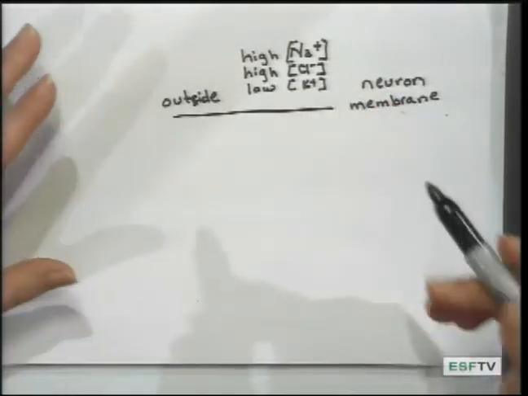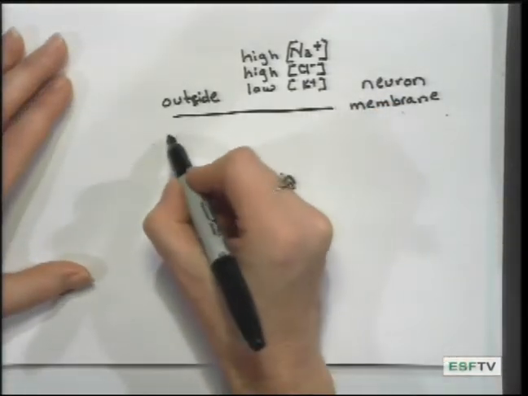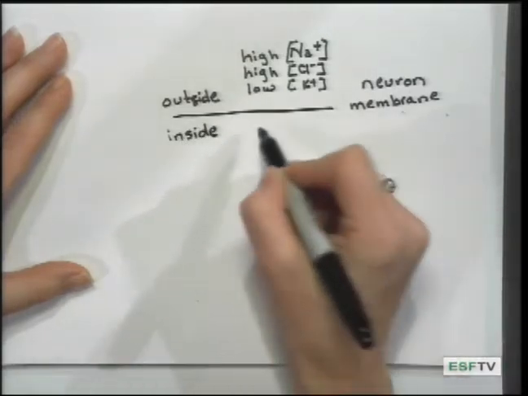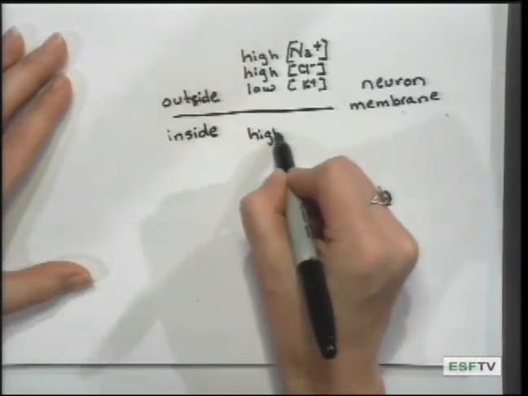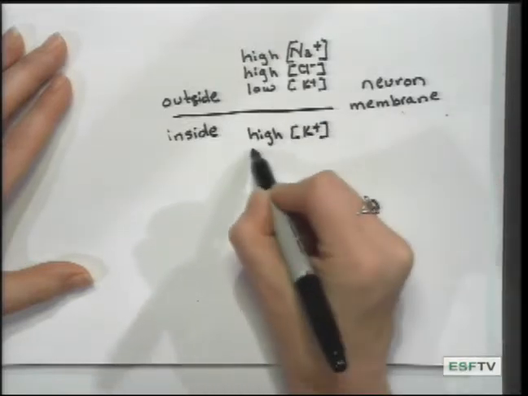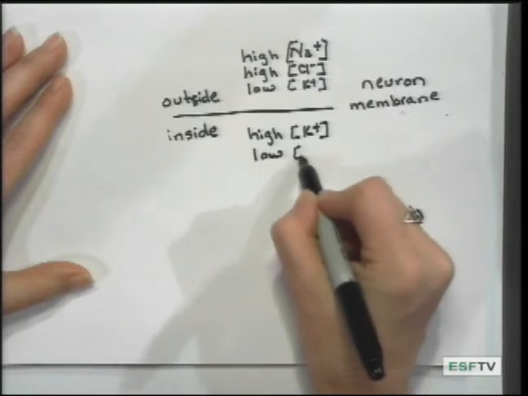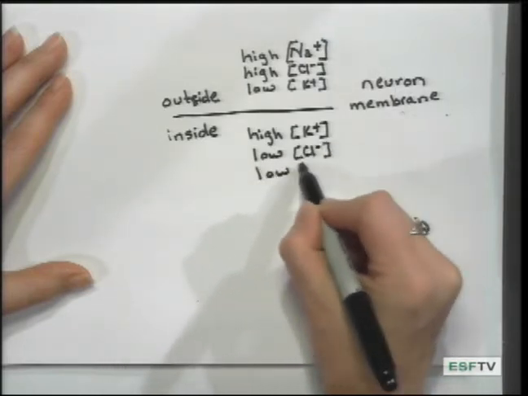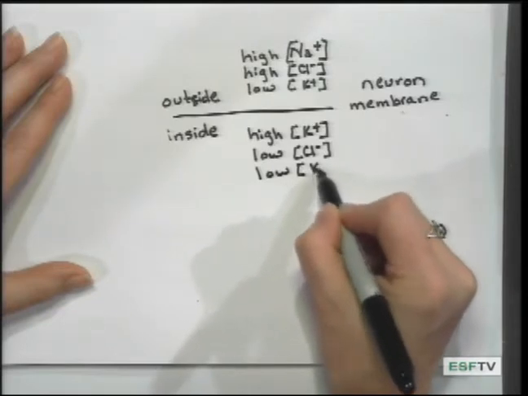On the inside of the cell membrane, you have different concentrations of ions. You have high concentrations of potassium, low concentrations of chloride, and low concentrations of sodium.